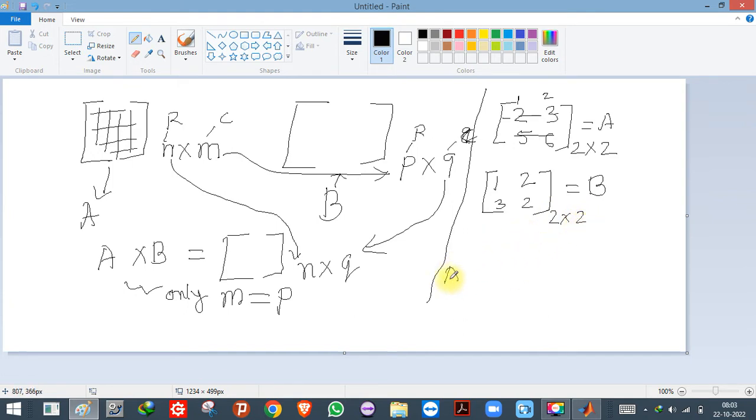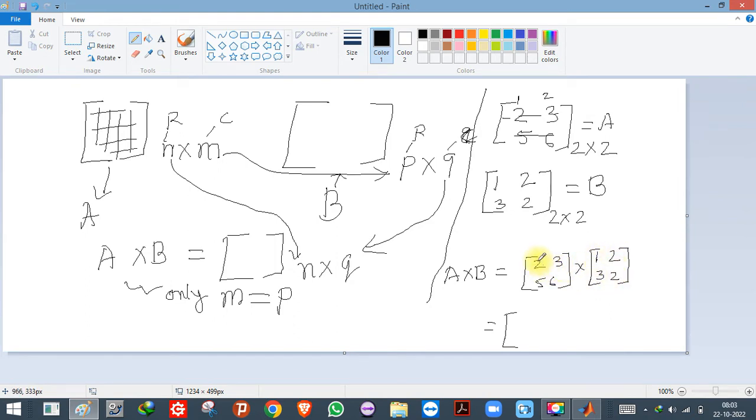So A cross B, if I multiply these two, 2, 3, 5, 6 and 1, 2, 3, 2. Always matrix multiplication occurs in row and column. So this row will get multiplied with this column, then again this row will be multiplied to this column.